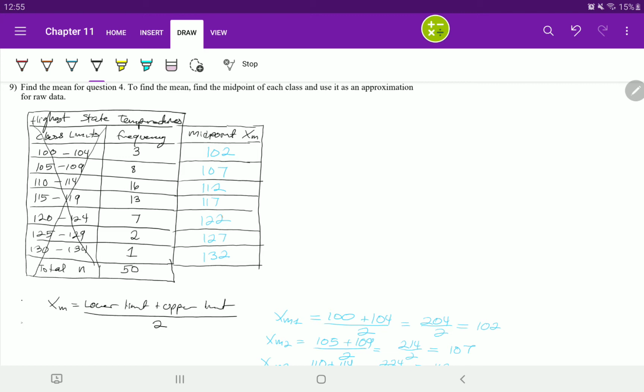Remember, to find the mean, I must add the numbers and divide by how many numbers in total. So I can add 102 3 times to get 306. But I can use the shortcut to addition, which is multiplication. So I can multiply each frequency by the midpoint. So I'm going to create another column called f times x of m, where f is the frequency and x of m is the midpoint.